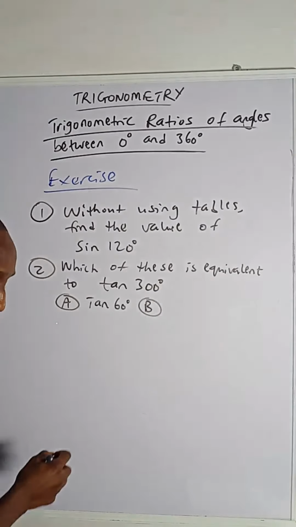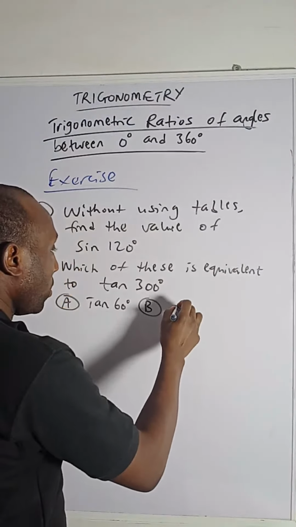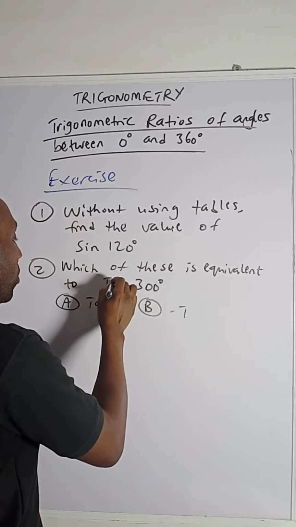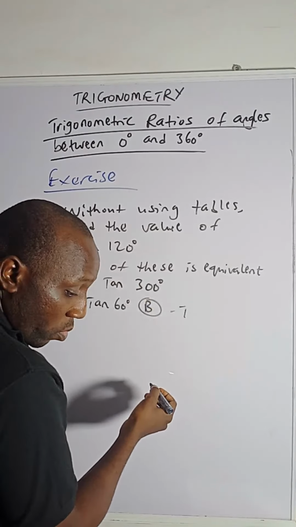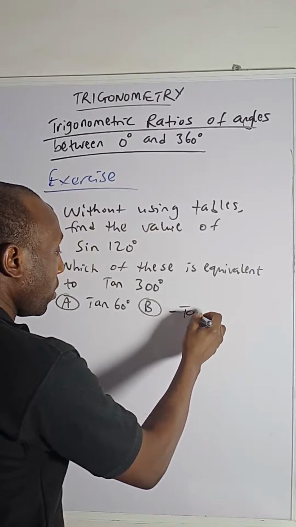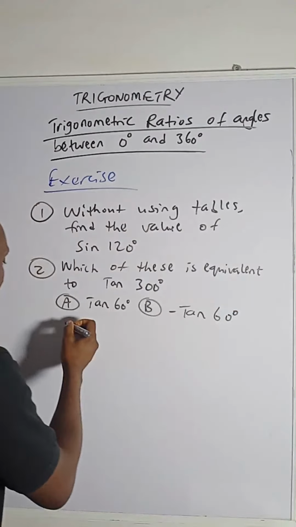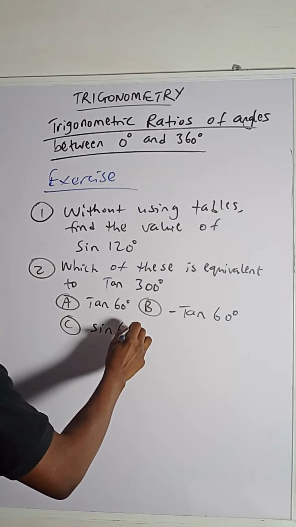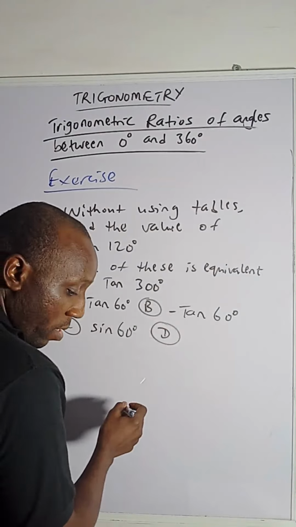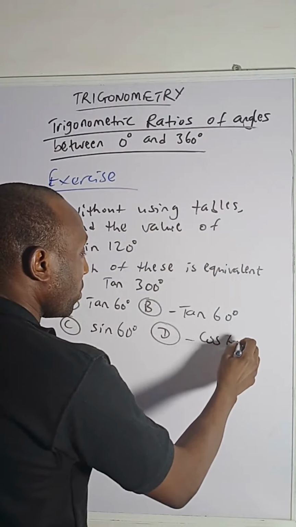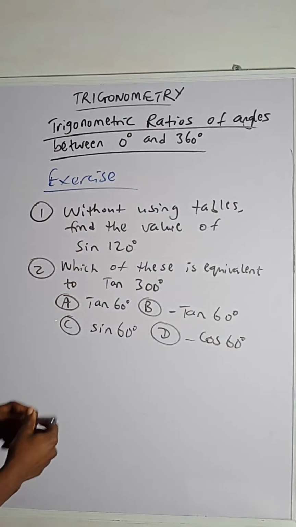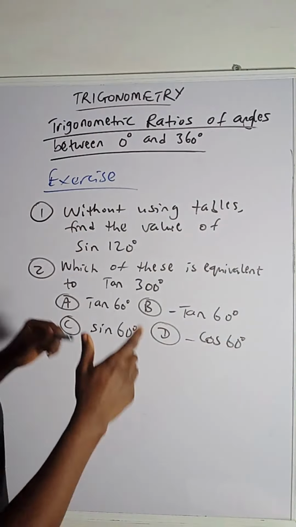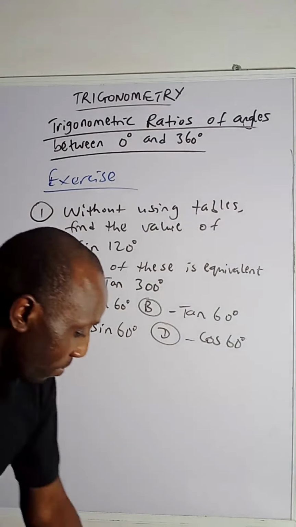For option B, minus tan 60 degrees. For C, it is sine 60 degrees. And for D, finally, minus cos 60 degrees. Okay, I'm waiting for your answers. For the first one, let me have your answer. For the second one, let me have your answer.